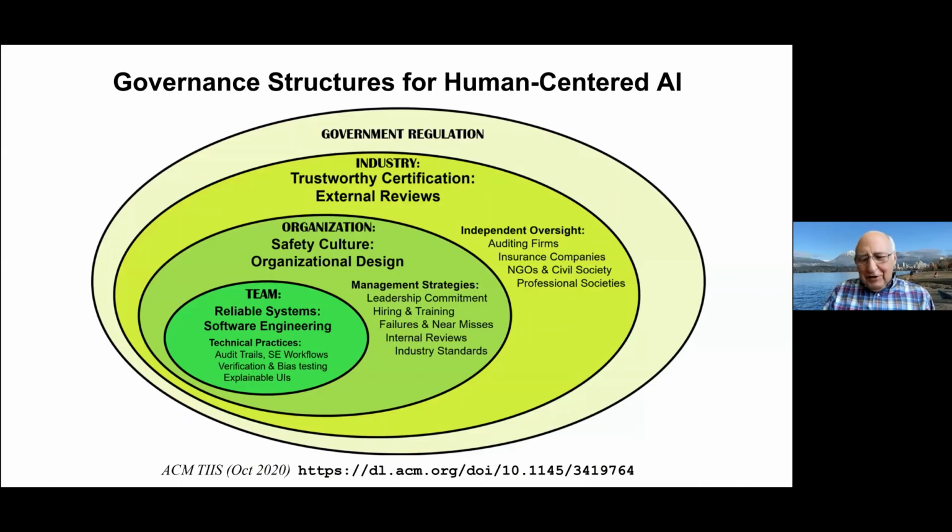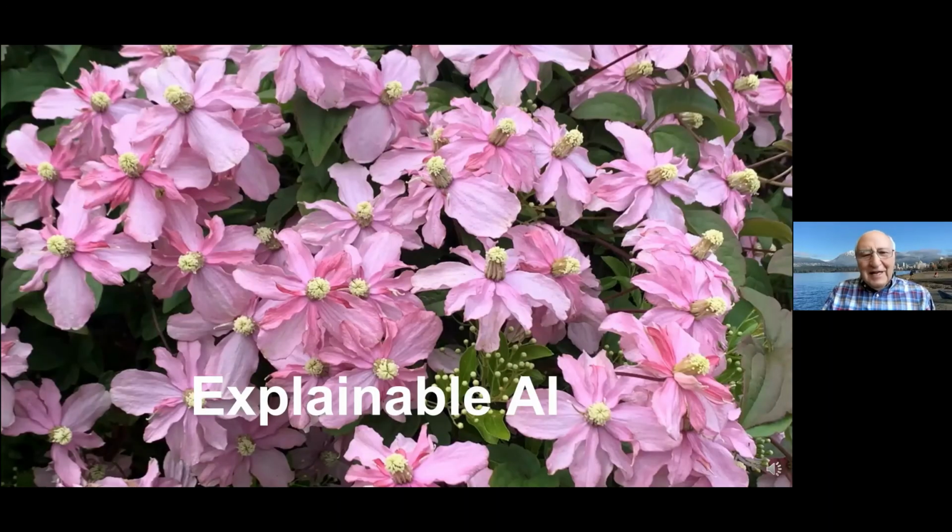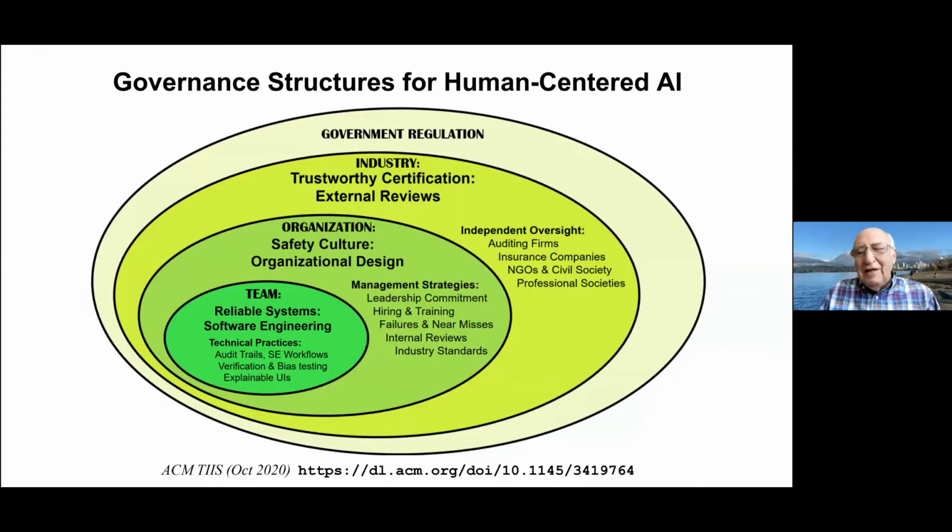Okay, I'm going to go on to just say that again, explainable AI, the notion that Ted did mention, and I want to build on. It's in the context of actually 15 recommendations about how to build AI. It's in a paper that's openly available on the ACM transactions on interactive and intelligent systems from past year. There are strategies that work at the team level, the organization level, where you want to build a safety culture, the industry level, and then government regulation.